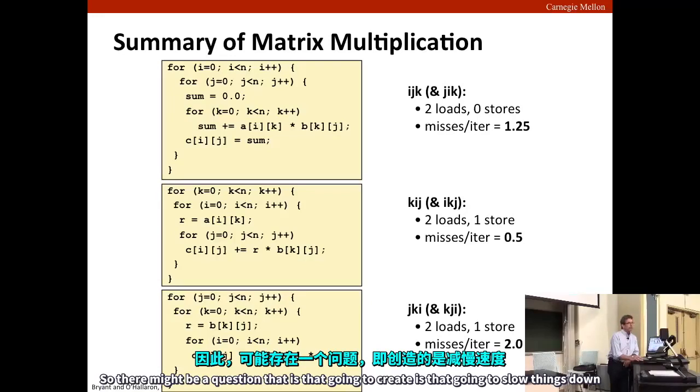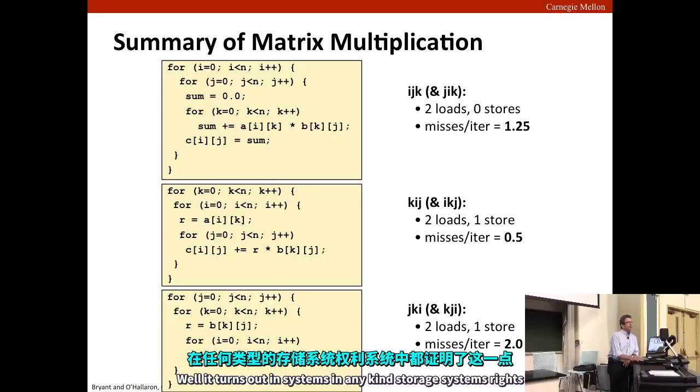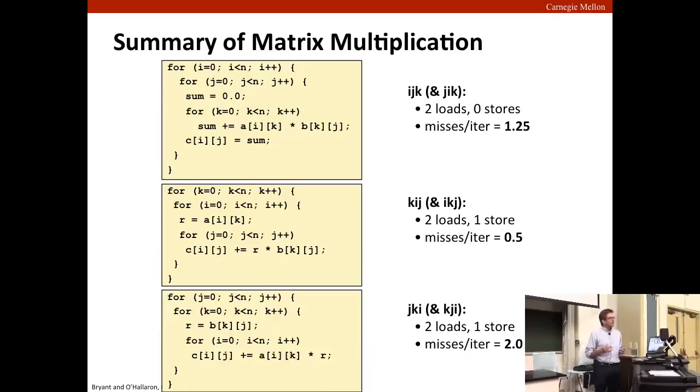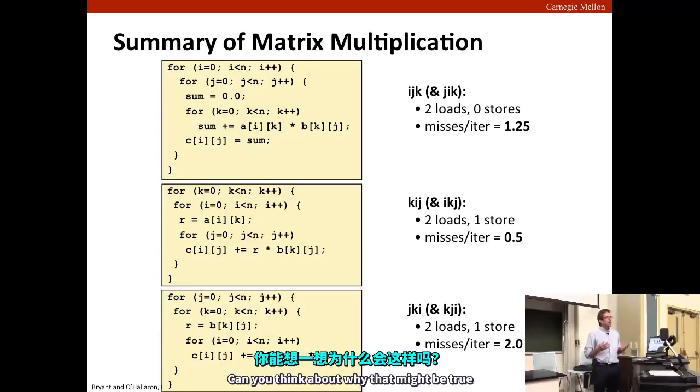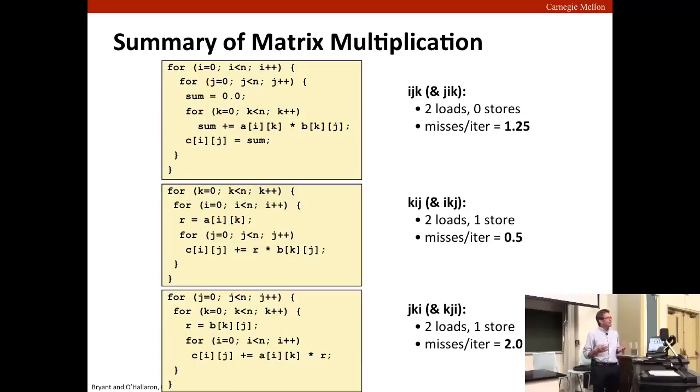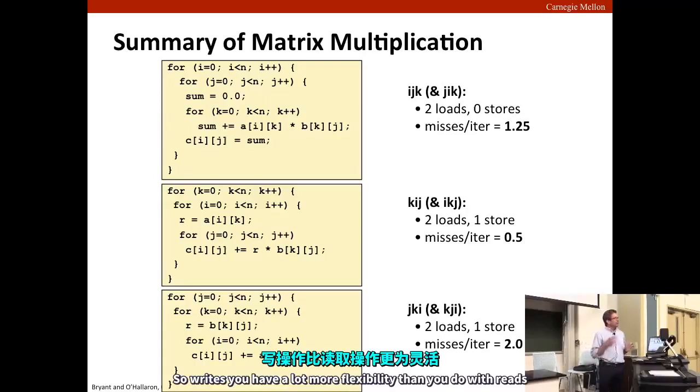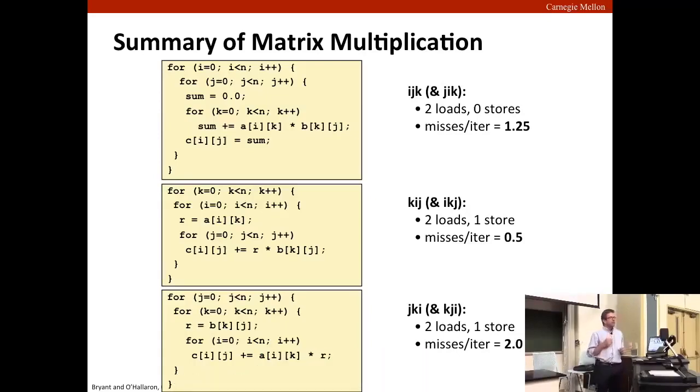to slow things down? Well, it turns out in storage systems, writes are much easier to deal with than reads. Can you think about why that might be true? With writes, you have a lot more flexibility than you do with reads.